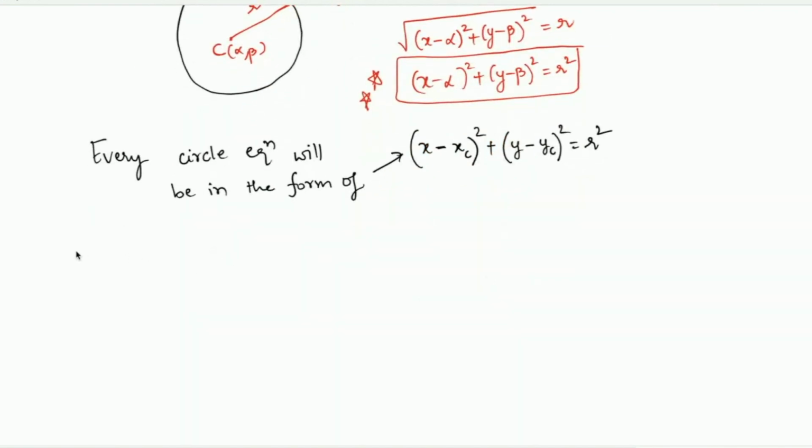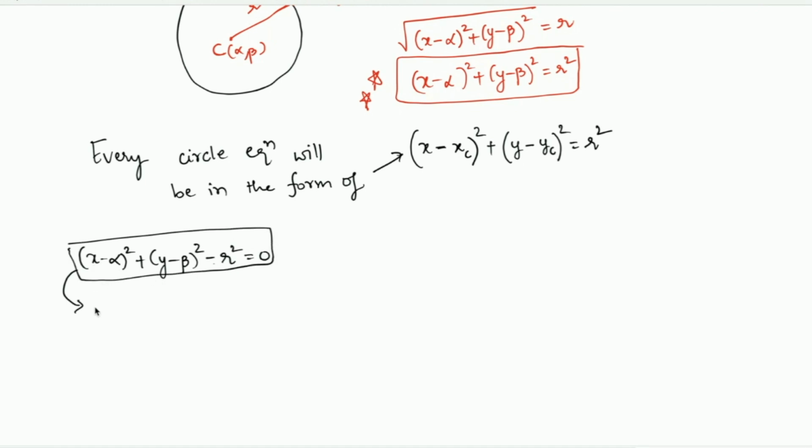Okay. So we see (x minus alpha) whole square plus (y minus beta) whole square is equal to r square. Can I send r square to the other side and write it like this: minus r square is equal to 0? Every circle equation is in this form. But when I expand it, what terms do I get?